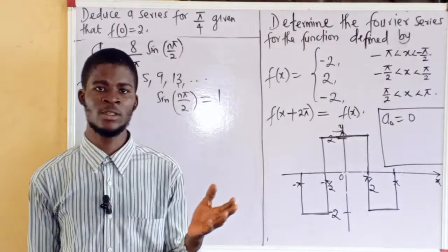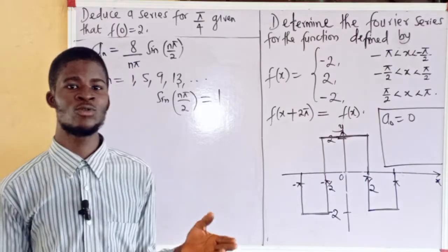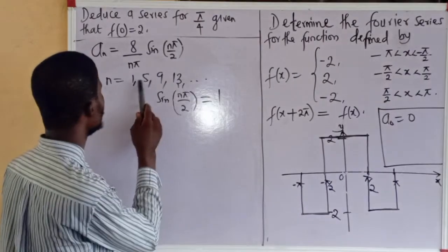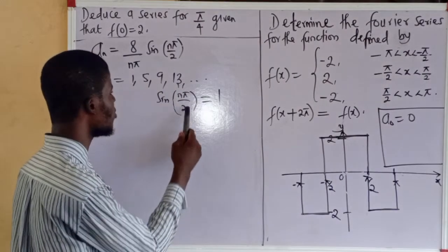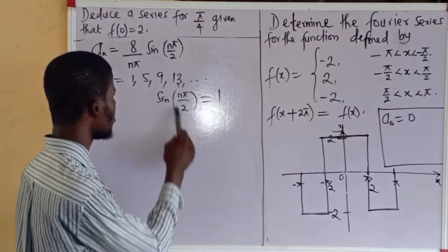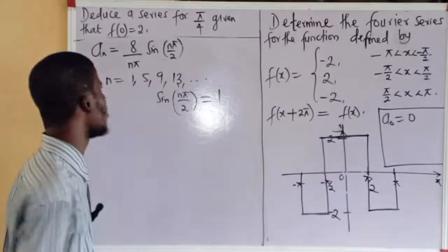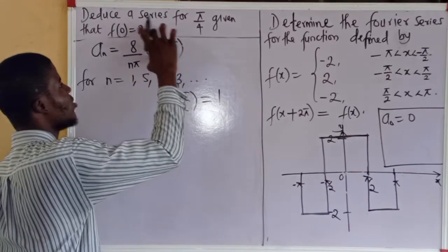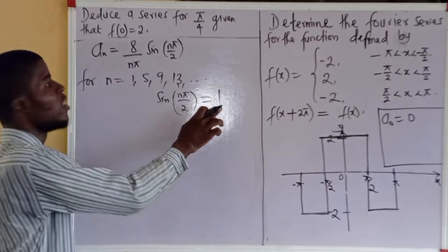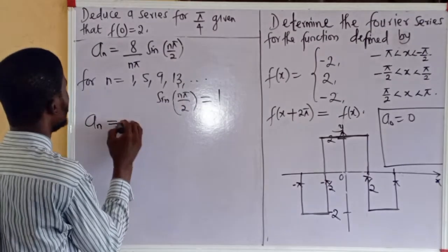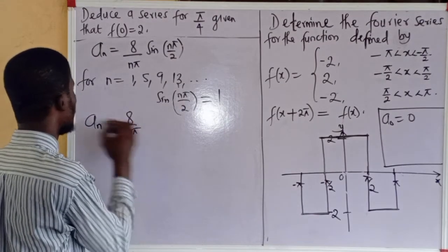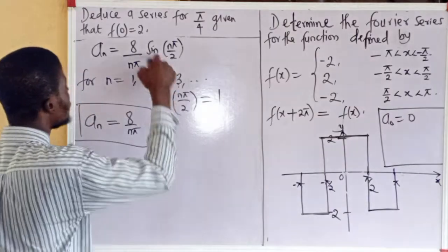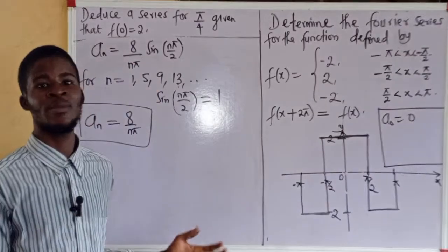Pi is 180 degrees. So 180 divided by 2 is 90. Sine 90 is equal to 1. So if you plug in 5, 9, 13 into this, the sine of that value is equal to 1. Since for n equal to 1, 5, 9, 13 and so on, this particular expression here is equal to 1, that means a sub n is equal to 8 over n pi for values of n equal to 1, 5, 9, 13 and so on. So 1 times 8 over n pi is still 8 over n pi.